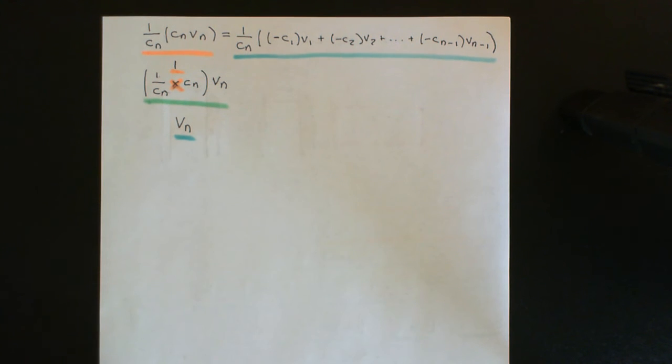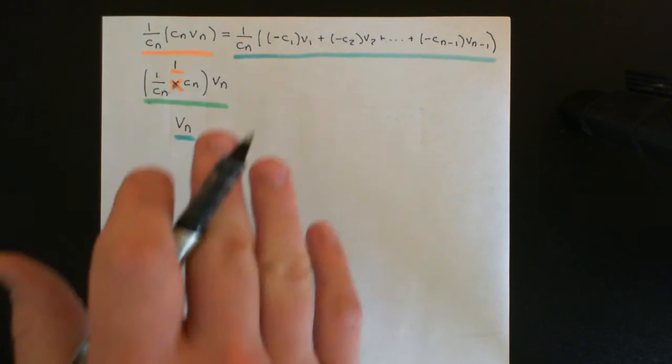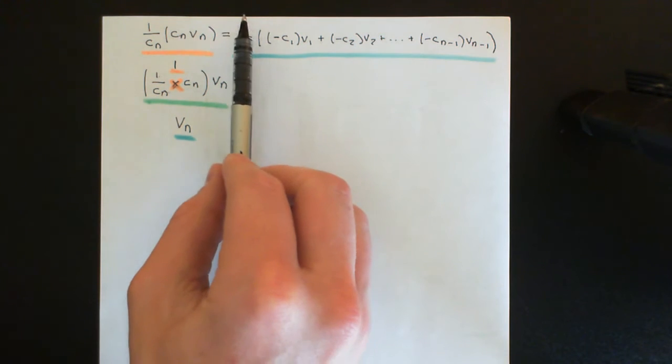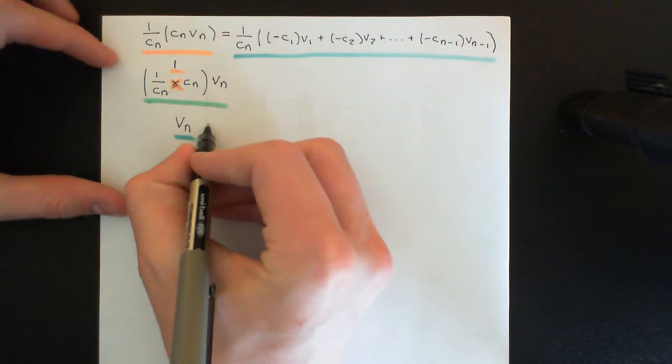What are we going to do about the right-hand side? Well, firstly, what we're going to do is apply distributivity. So we're going to apply another distributive law that scalar multiplication obeys. So what we can do is just distribute this out and rewrite this like so.